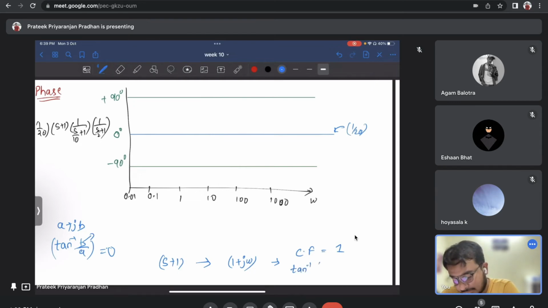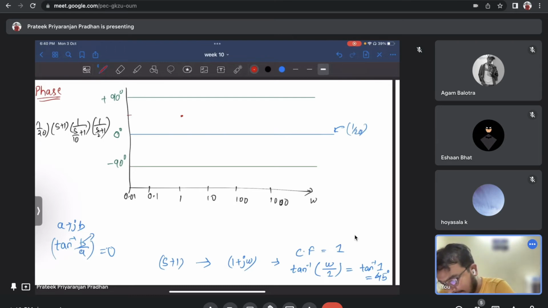Tan inverse omega by 1. So at corner frequency, it will be tan inverse 1, which is 45 degree. Correct? So at 1, I'll choose some other color. Red. The 45 will be here.